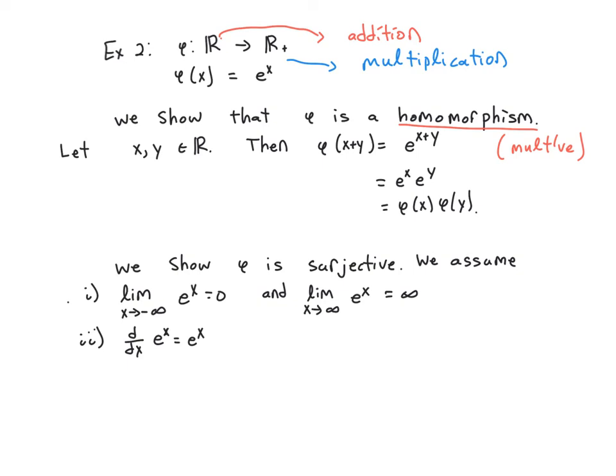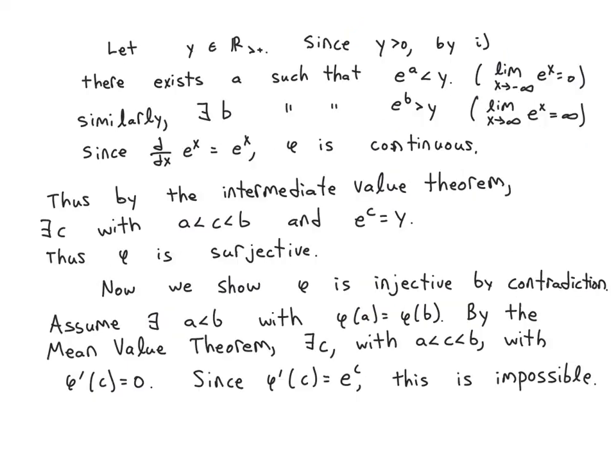So, of course, why is the exponential function surjective? For this proof, besides theorems from calculus, I'm going to assume that the limit of the exponential function as you go off to negative infinity is 0, as you go off to infinity is infinity, and that the derivative of the exponential function is itself. These properties are not that hard to prove. This one actually follows from that one.